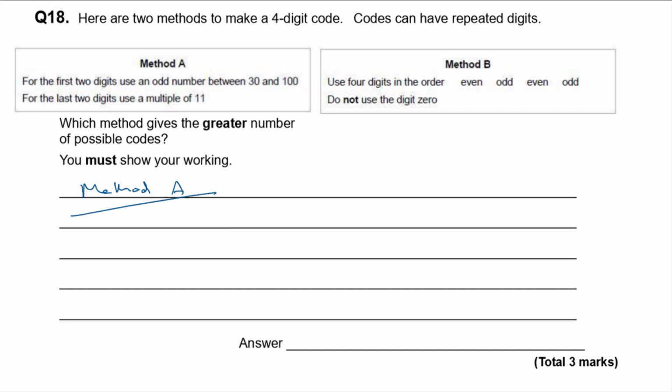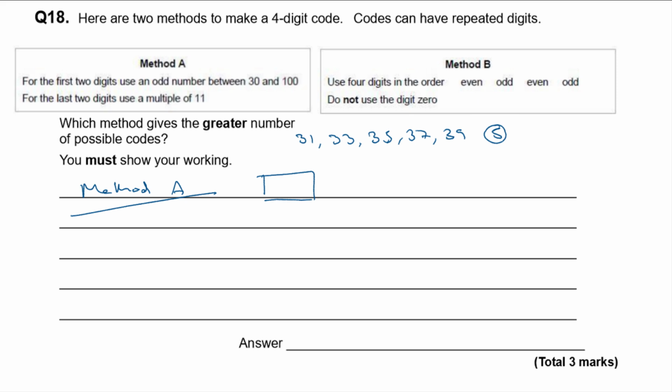So let's start with A. Right, so we've got, for the first two digits, use an odd number between 30 and 100. Now, how many odd numbers are there between 30 and 100? Well, the first odd number is 31, then I've got 33, and then 35, and then 37 and 39. So I've got 5, haven't I, between 30 and 39.